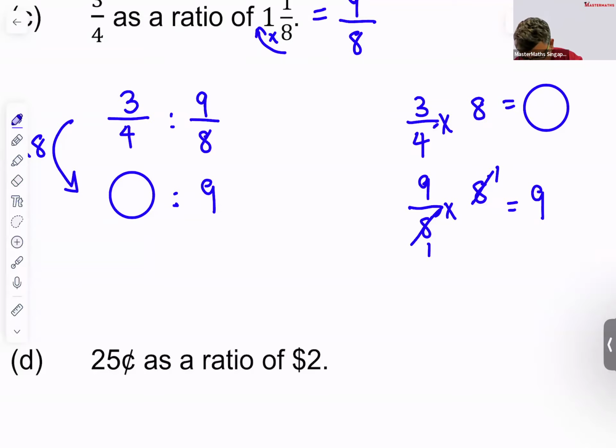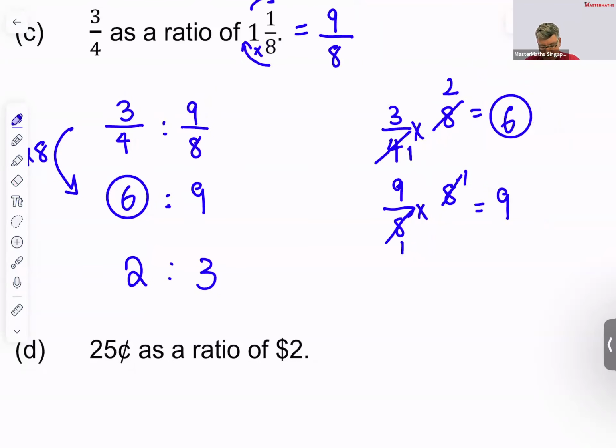So instead of doing that, Rayan, you just do this. 3 times 2, 6. Is this correct? You should be shaking your head. Why? Can divide some more. It's very Singaporean. Can divide some more. Because it is not in the simplest form. 2:3.